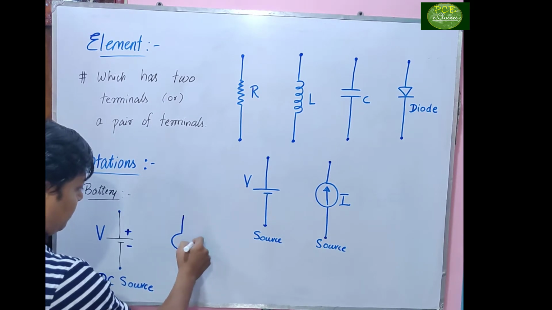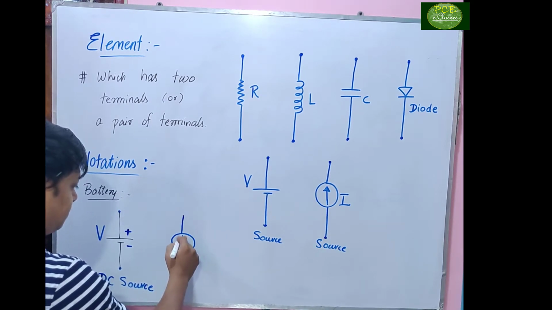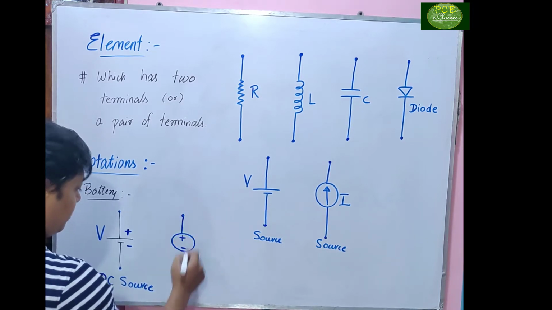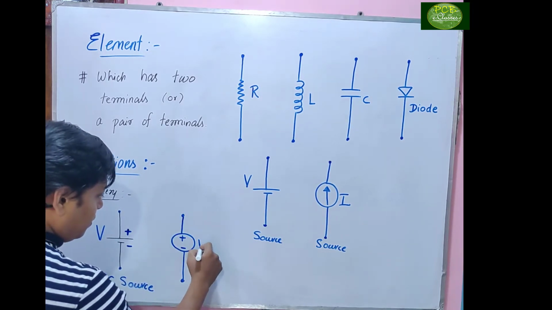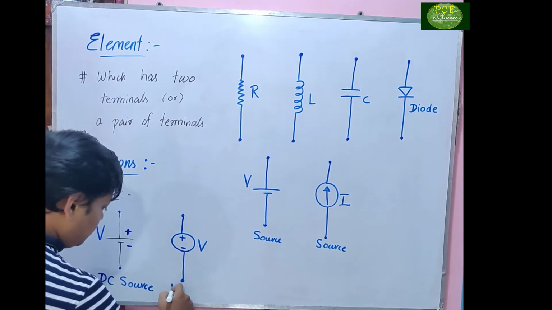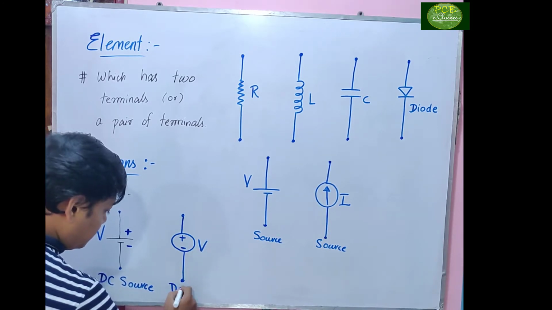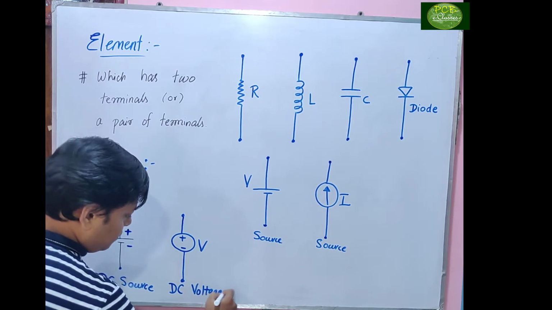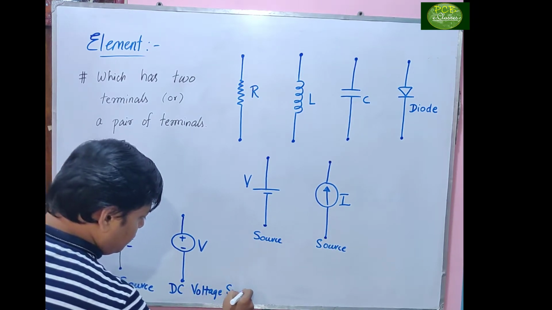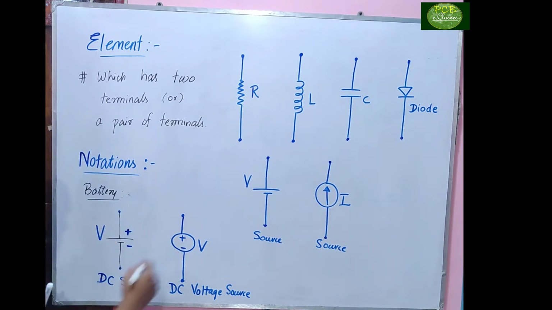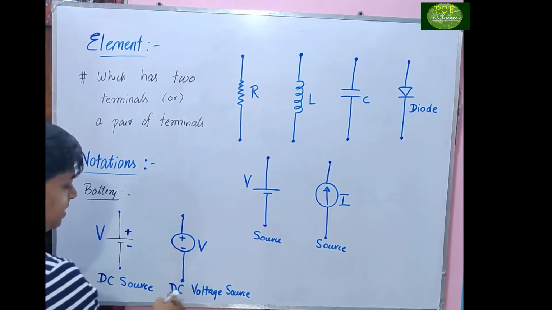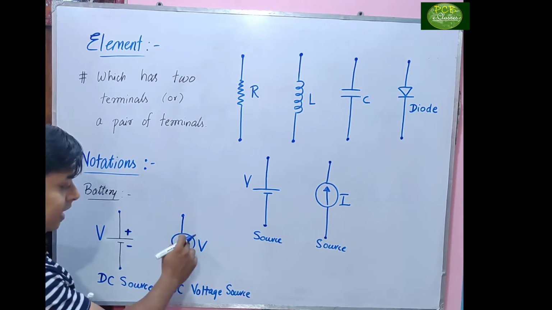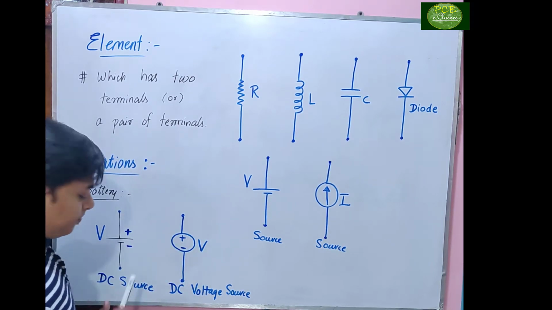Another we are having is positive, negative. This is a voltage source. What type of source? DC voltage source. This battery. This is DC voltage source, represented by a circle, and plus and minus symbol will be there.